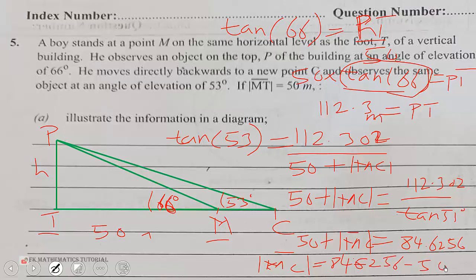That will give you 34.625, which is approximately 34.6 meters. So the magnitude of MC is equal to 34.6 meters.